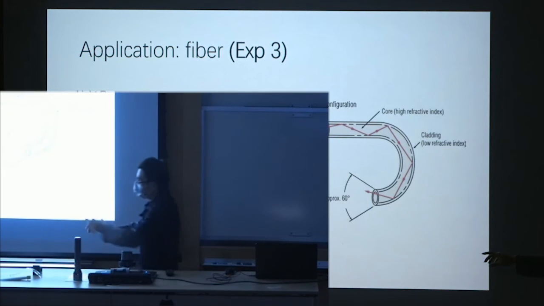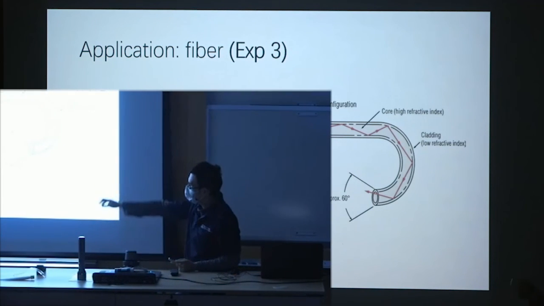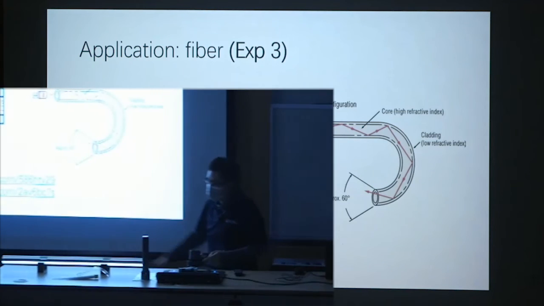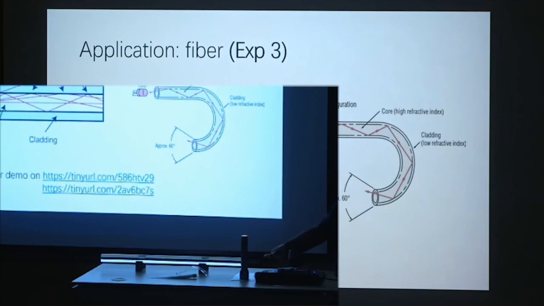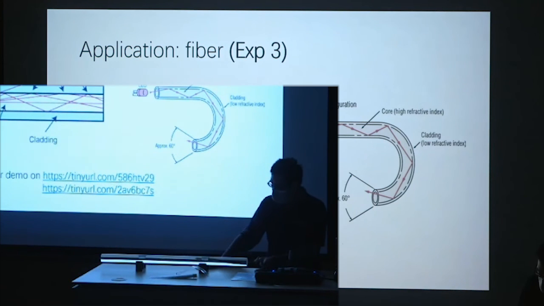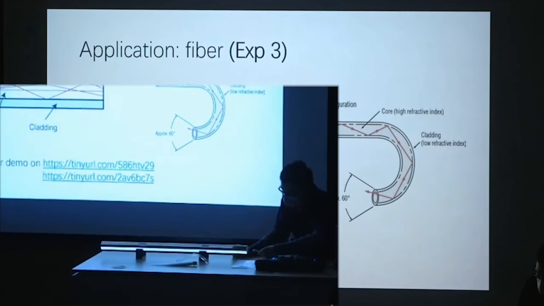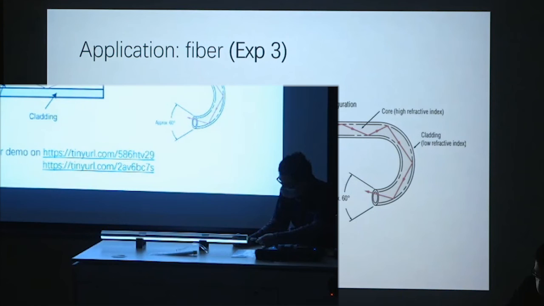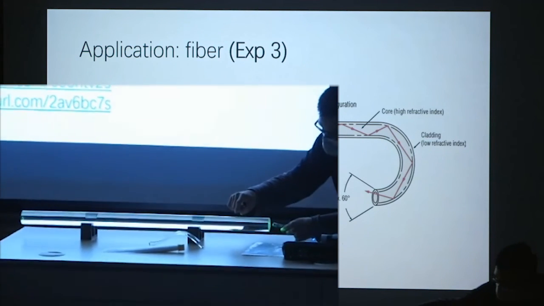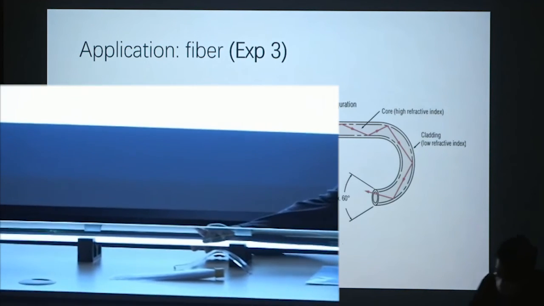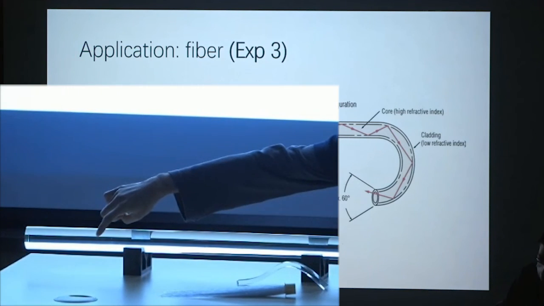If you want to see a clearer demo, you can watch these two videos. They do the same thing as me. And in another experiment, the round grooved glass also shows the total reflection from this point to this point to this point.